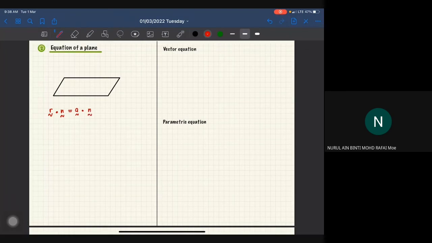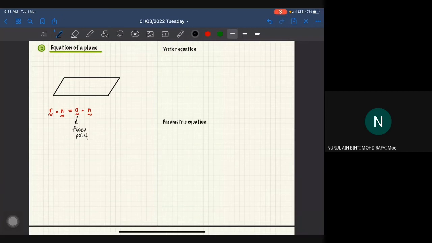Okay, so sama juga macam equation of line tadi, kalau awak perasan, this r is just a random point. And then A adalah kita punya fixed point. Wait, let me write it for you. A is fixed point, and then r adalah random point.